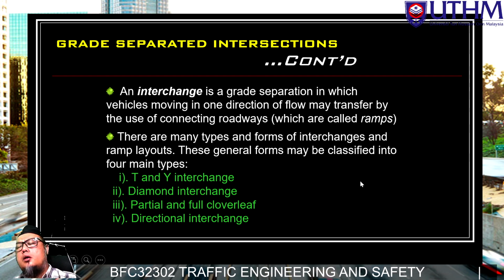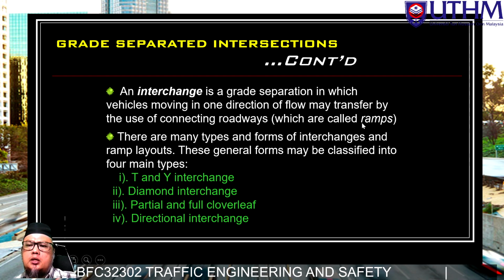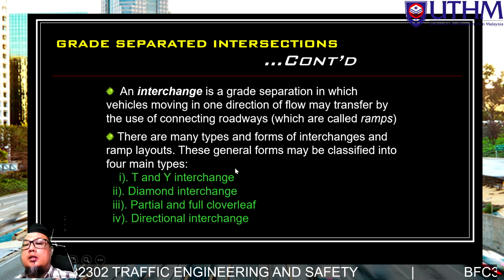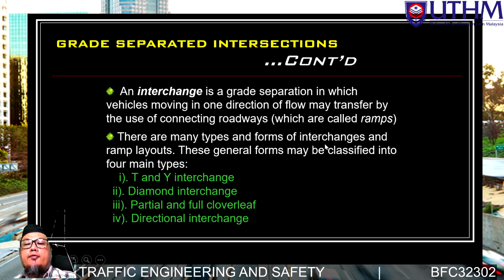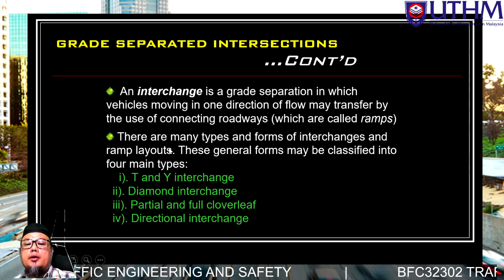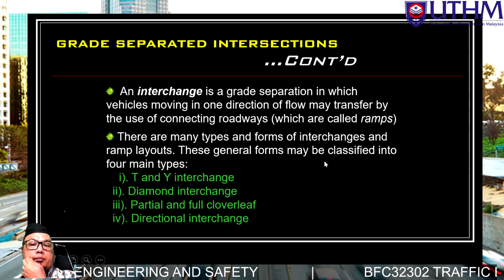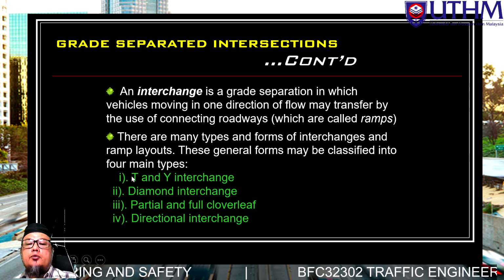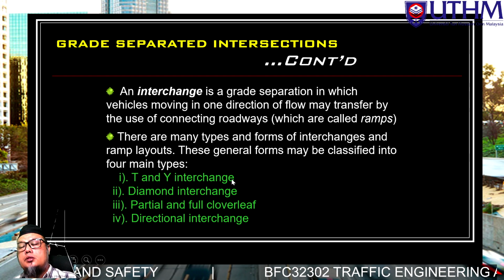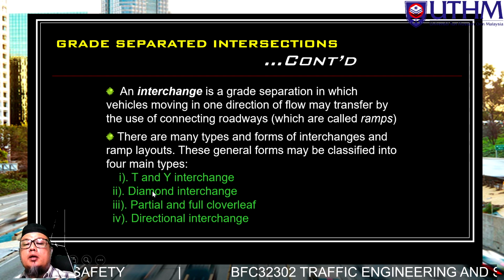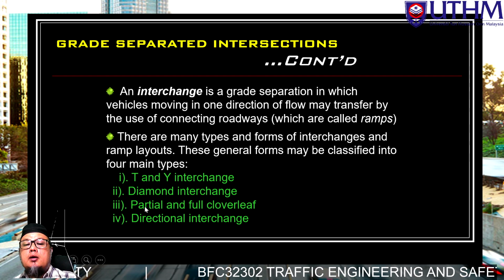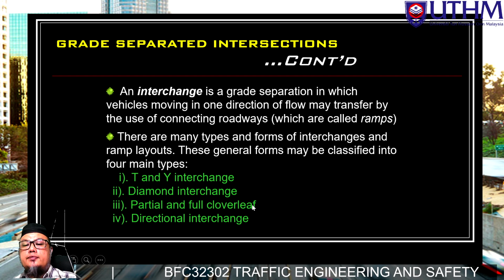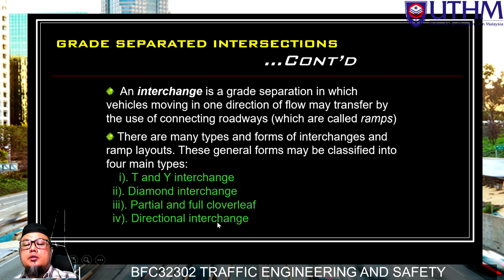I think in chapter 2, highway capacity, we also covered the ramp a little bit. There are many types of interchange forms and ramp layouts. These forms can be classified into four main types: Y and T interchanges, diamond interchanges, partial or full cloverleaf, and directional interchanges.